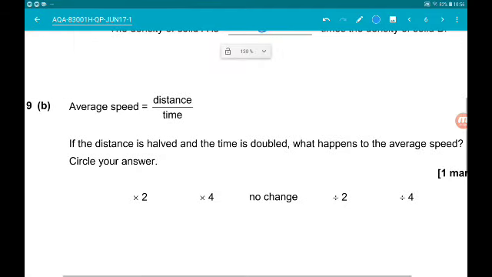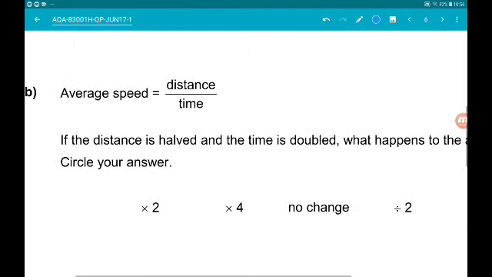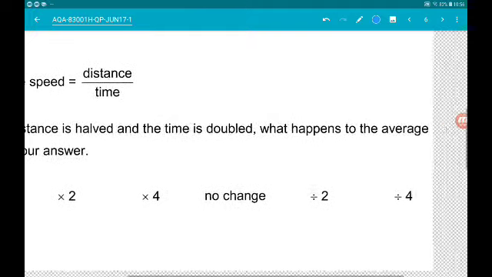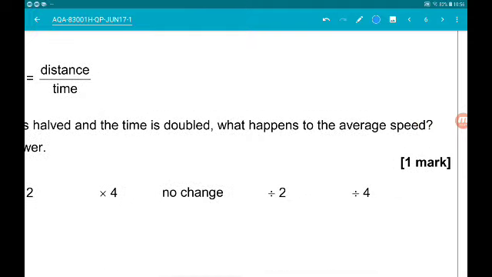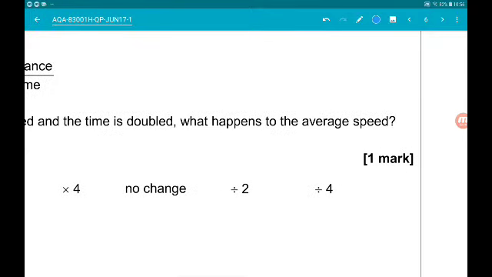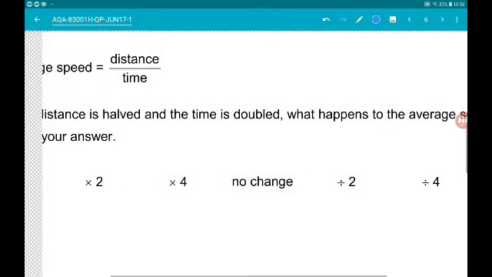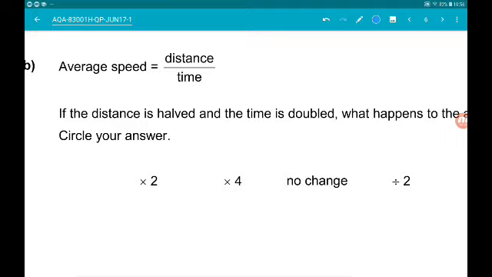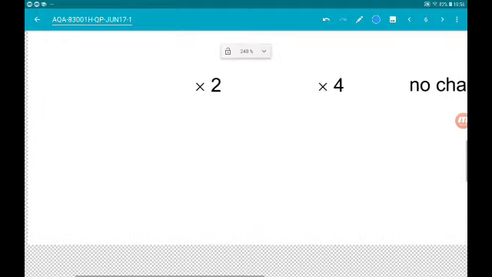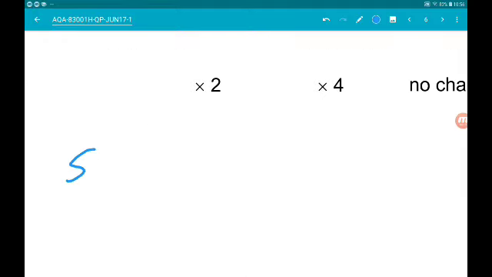Okay, then for part B, we are told average speed is distance over time. If the distance is halved and the time is doubled, what happens to the average speed? So let's try it with an example. So let's say speed is 10 over 2.